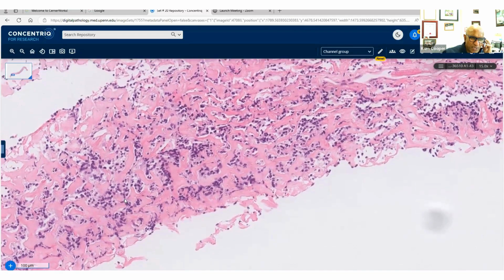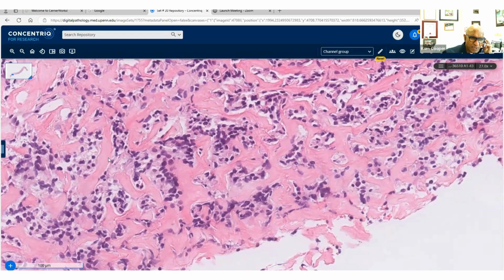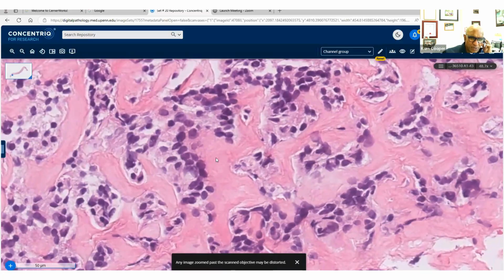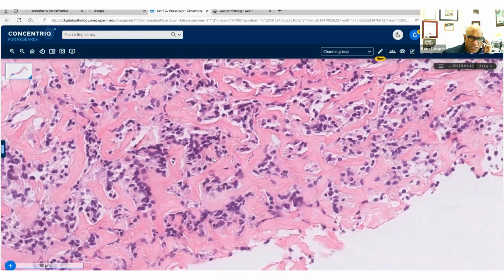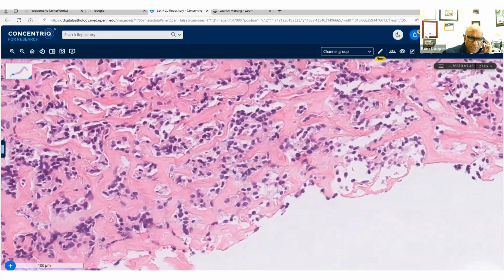Let me show you the morphology. You can see the pattern again, some nests and cords of these cells with a hyalinized stroma. Small round cells, and again the cytoplasm looks a little clear. There's a lot of crush artifact here, which gives you this false crowding of cells.